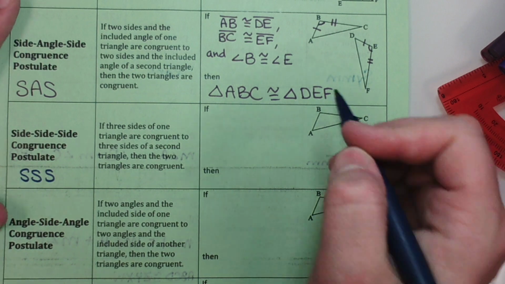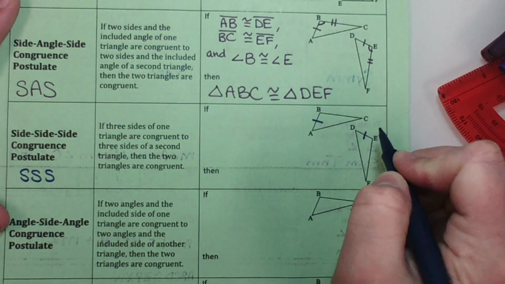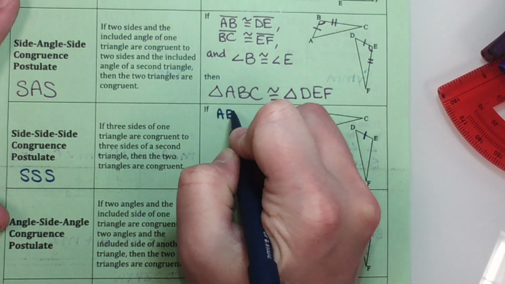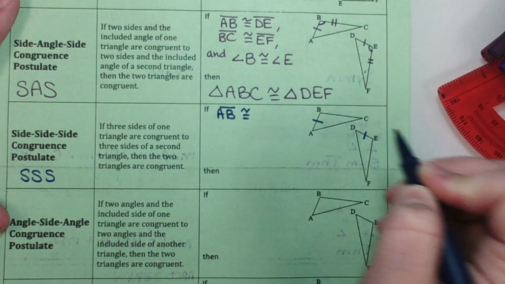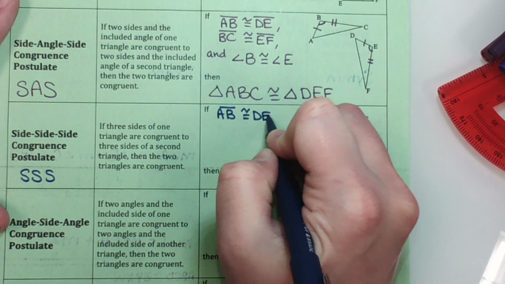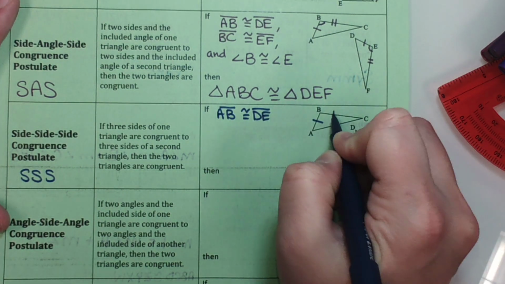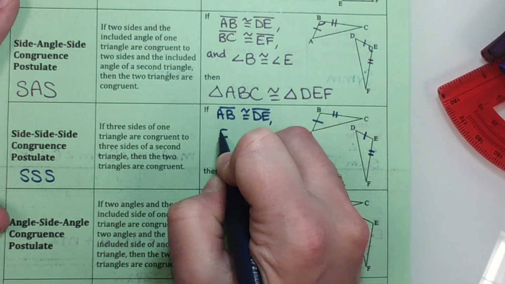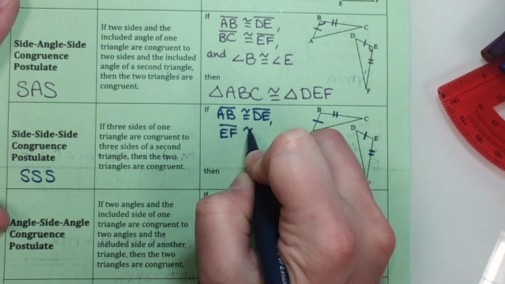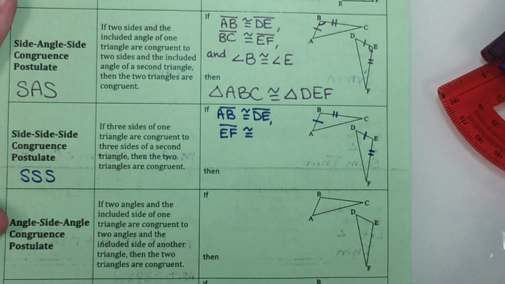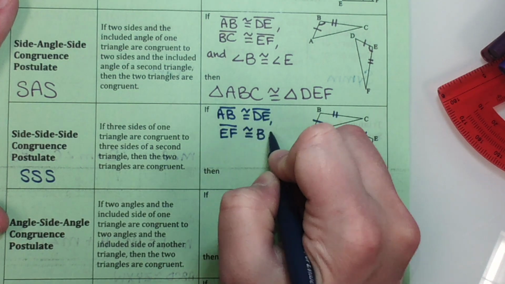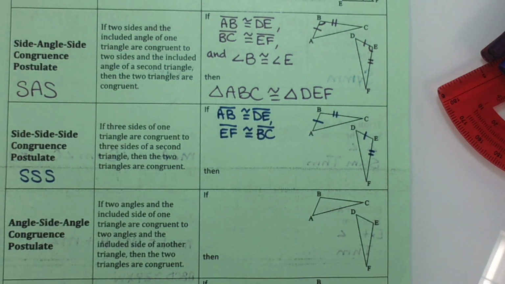Yesterday we did SAS. It told us that if AB was congruent to DE, and BC congruent to EF, oops, I meant to write BC first. That's okay, it's not the end of the world.